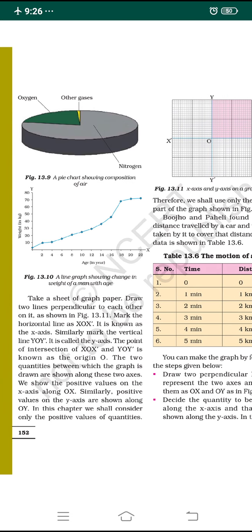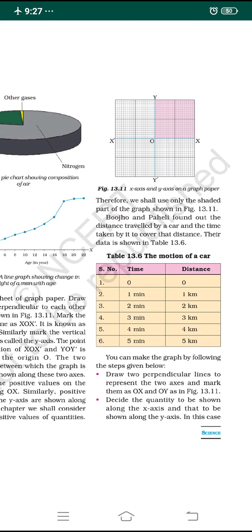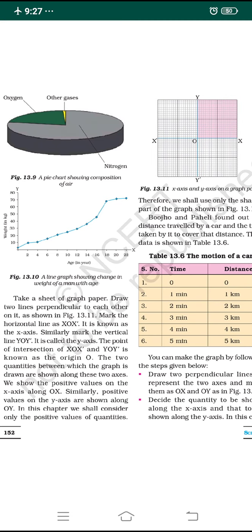Now we should also show the positive values along the x-axis, OX. Positive numbers, positive values you have to show along OX, and likewise along the vertical axis, that is OY.